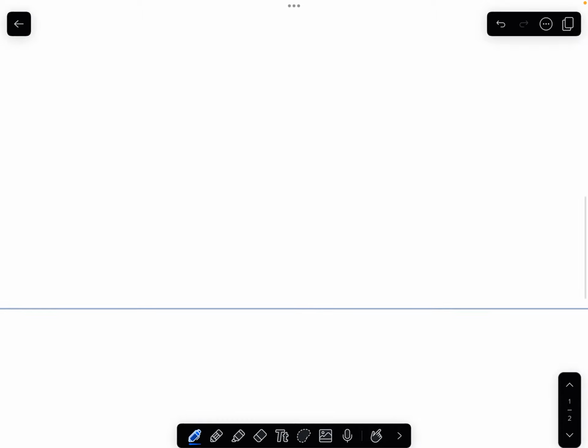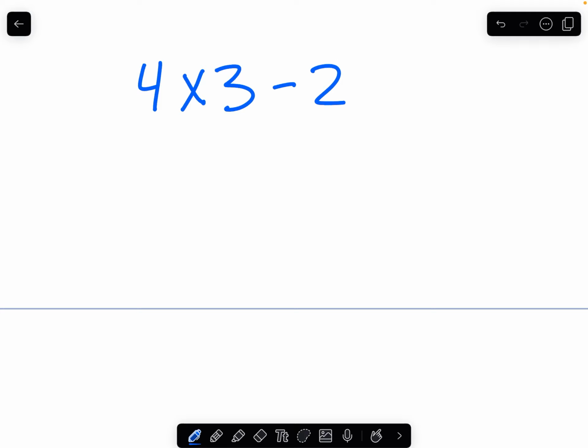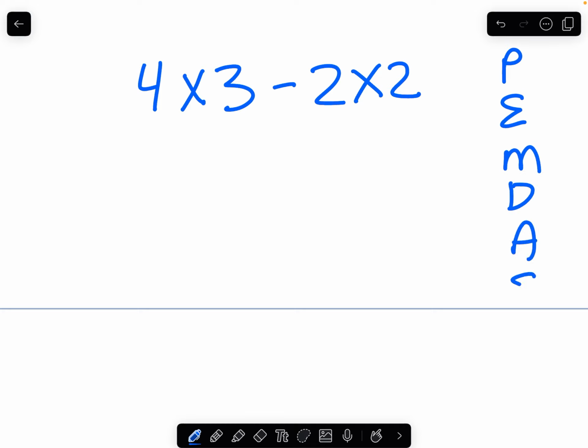So let's get right to it, my friends. Let's answer a math equation using the order of operations. Let's start with this problem. And I'm going to put PEMDAS here. And I'm actually going to group these together. I think it's important to do that.